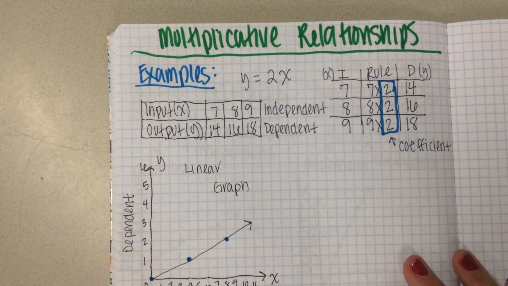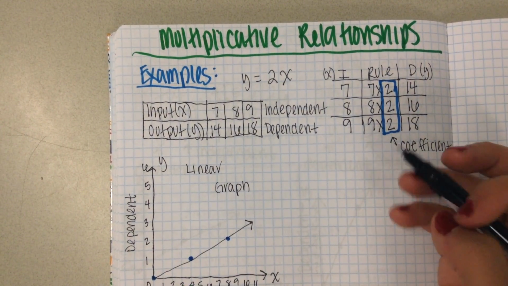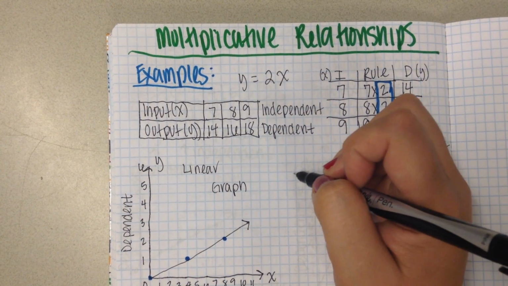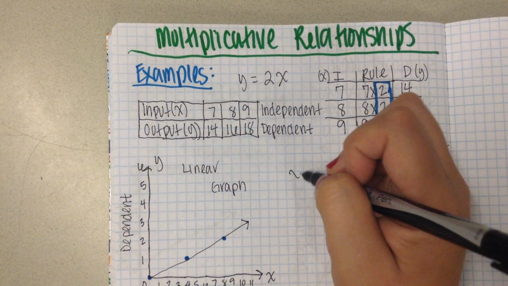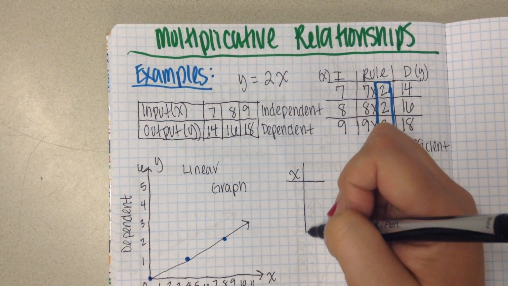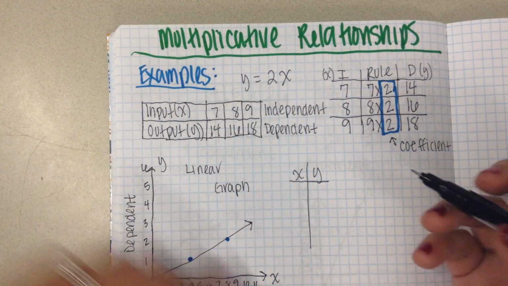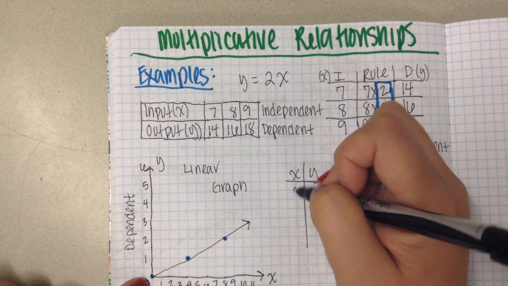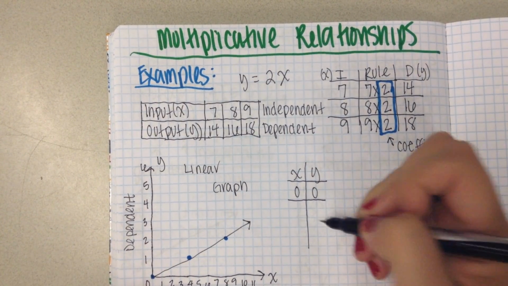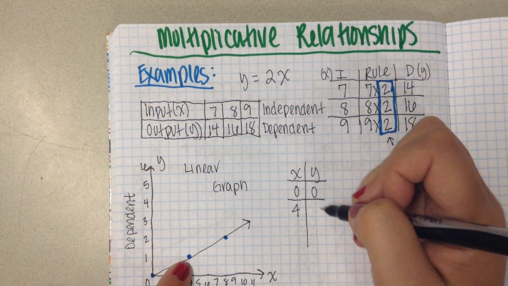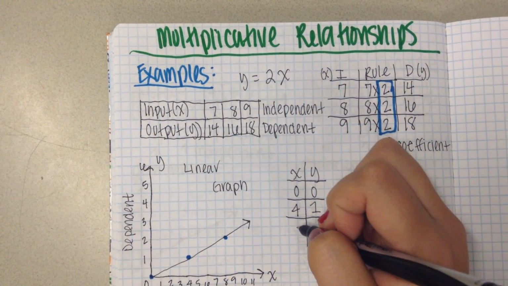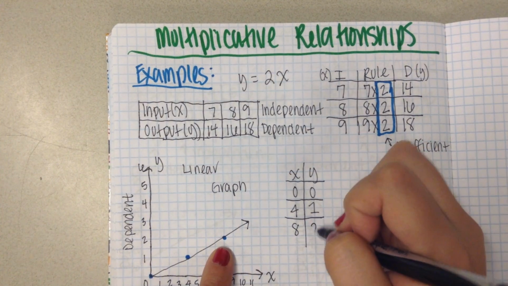Now we're going to draw our table with x and y. The first point is 0, 0. The second point is 4, 1. The third point would be 8, 2.